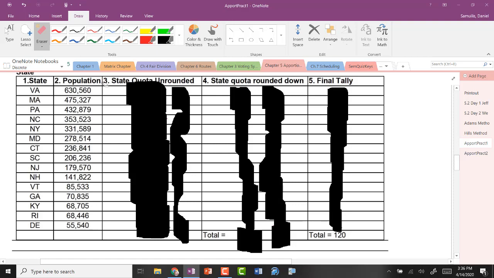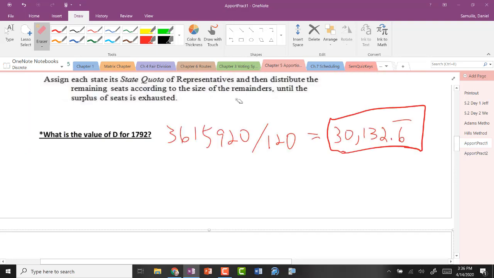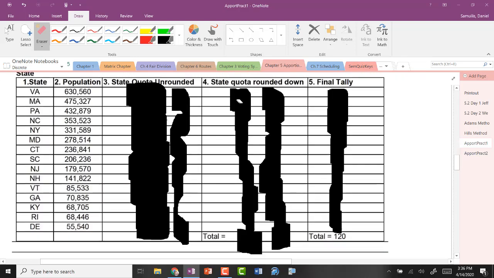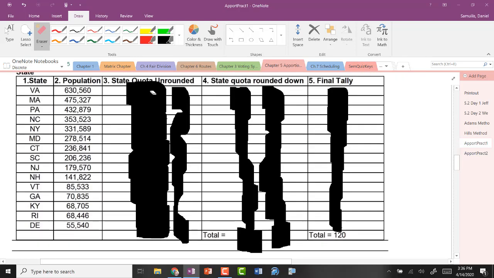And then you can go to list 2 and then put at the very top of list 2 just L1 divided by, and then you could divide it by that 30,132.6. May show that later, but for right now, you should have already gotten this done, and we'll maybe do that when I show the Lowndes method.